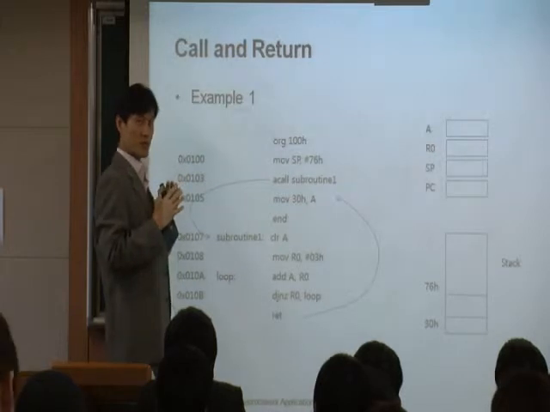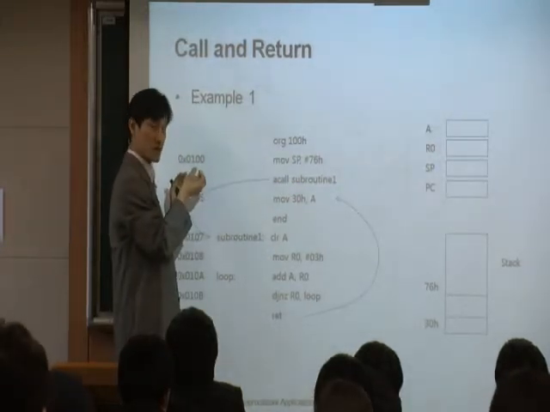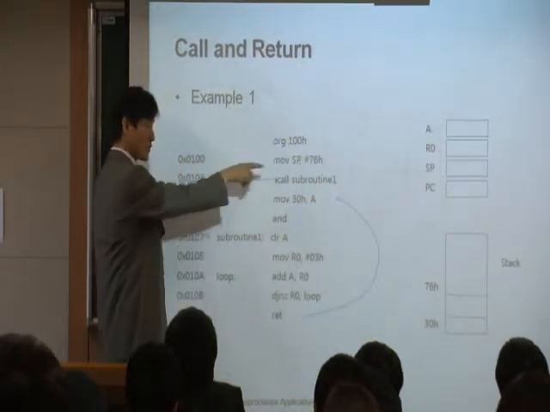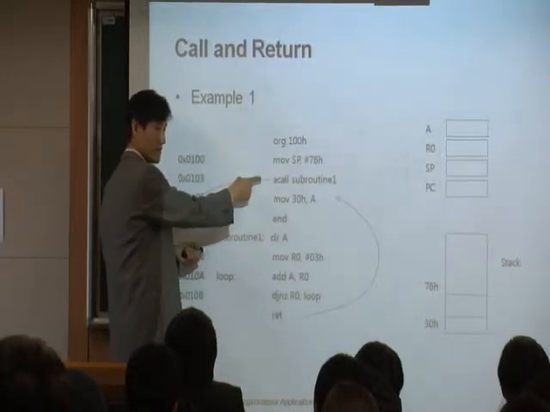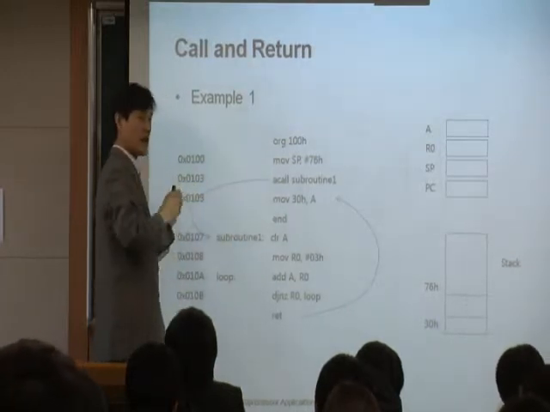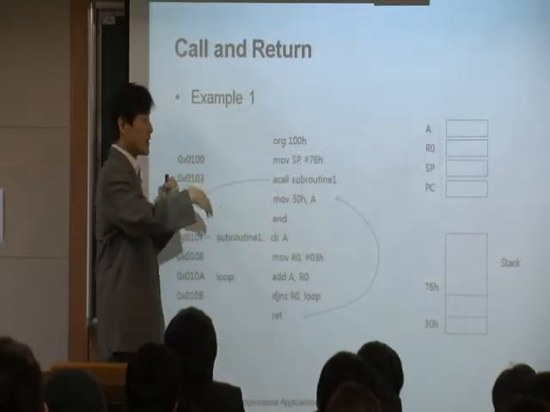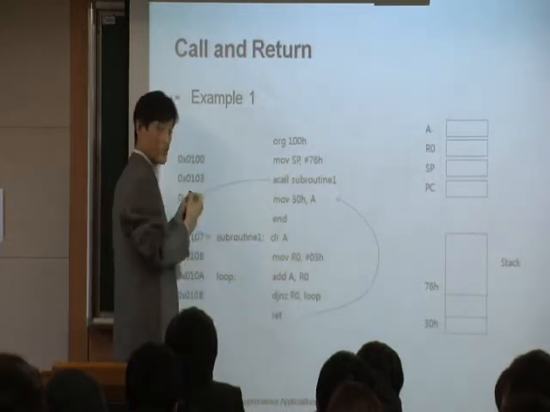From the microprocessor's point of view, it will read this one first, which is fetch, right? Whenever the microprocessor fetches this instruction, then the program counter is automatically incremented to the next one. After the fetch, the microprocessor will execute and write back. After write back, I'm going to fetch the second instruction.